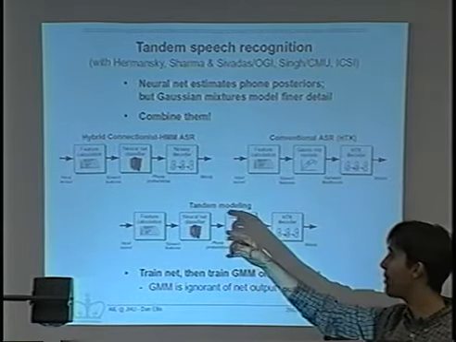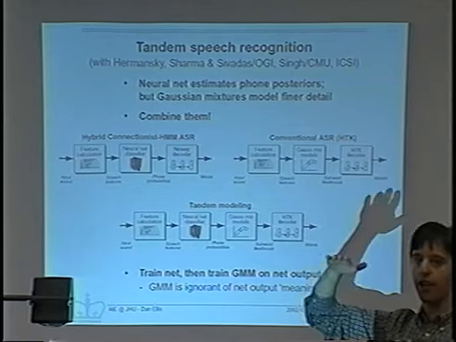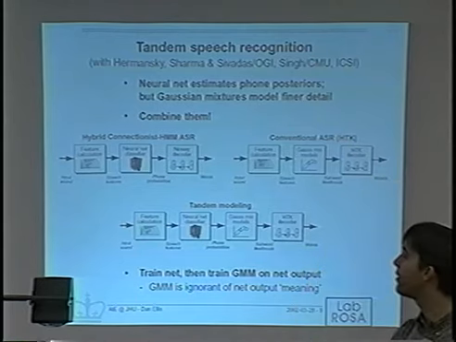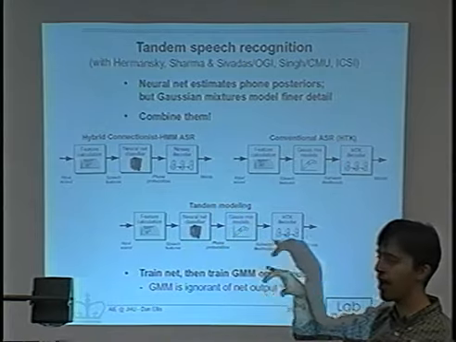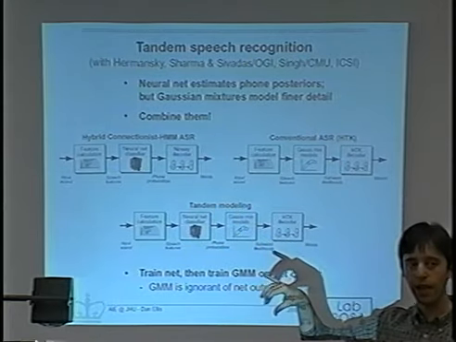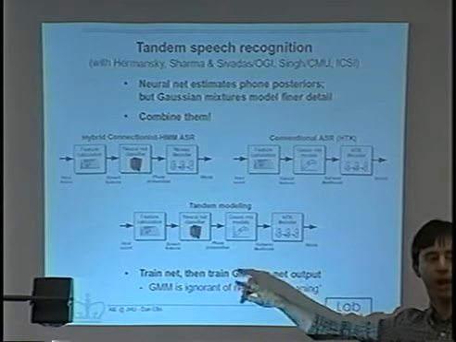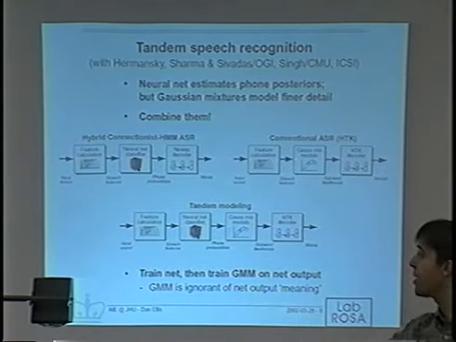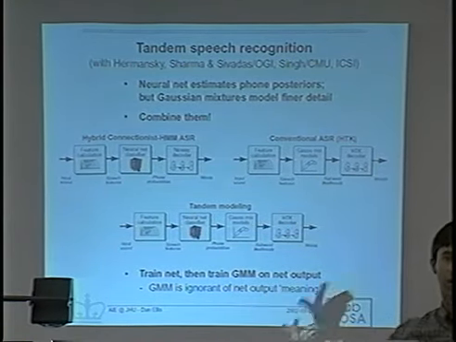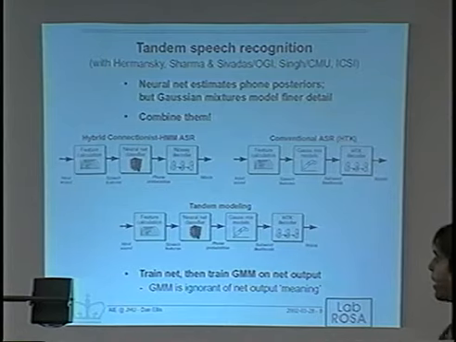We then take those outputs, which are a vector of posterior probabilities, summing to 1, and there are like 40 or 50 of them. And we just say, okay, feed it straight into the Gaussian mixture model as a feature vector. This stage doesn't know anything about the special interpretation of those features. It just says, okay, here are some features that correlate with speech sounds. Do your normal EM training.